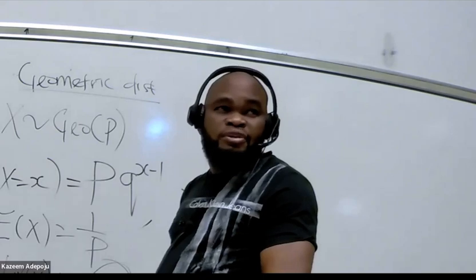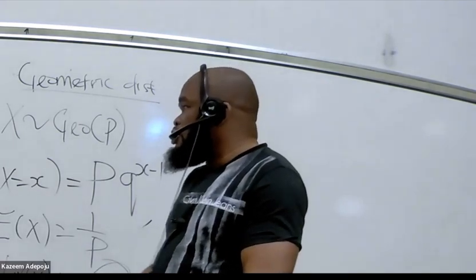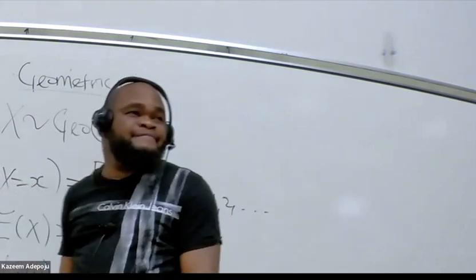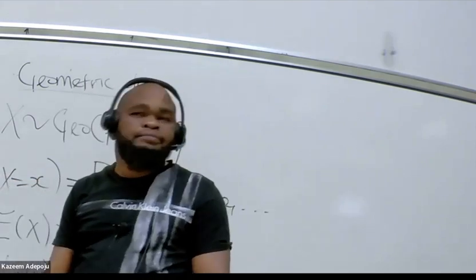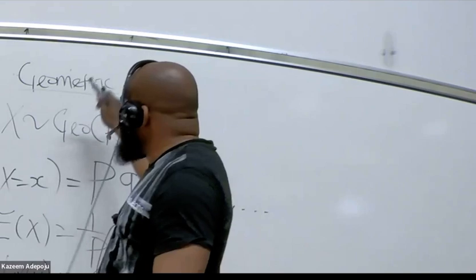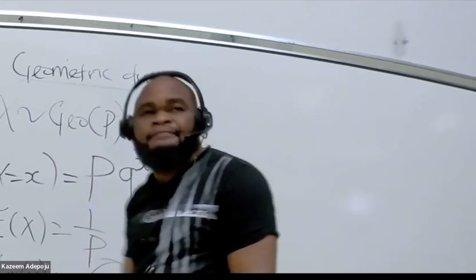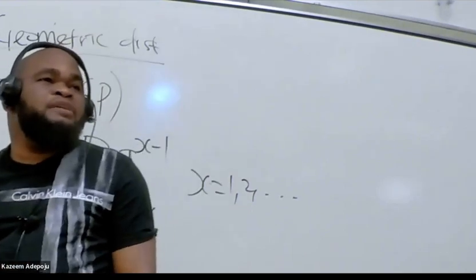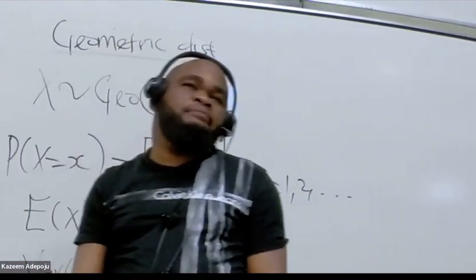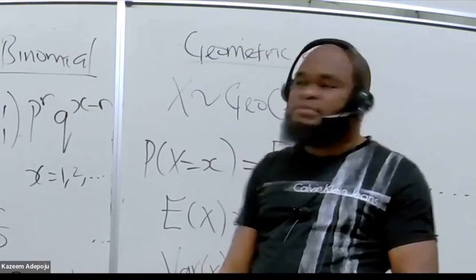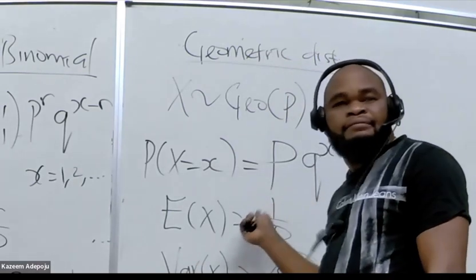Any question? I told you what we use this for in real life. This is used if I want to figure out how many times I am going to fail before we record the first success. We use geometric for that.